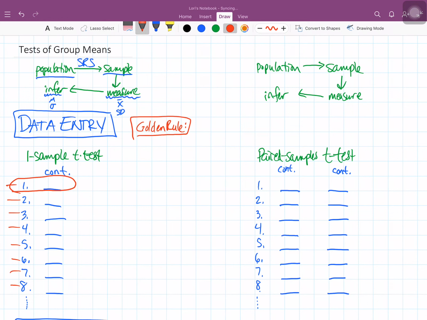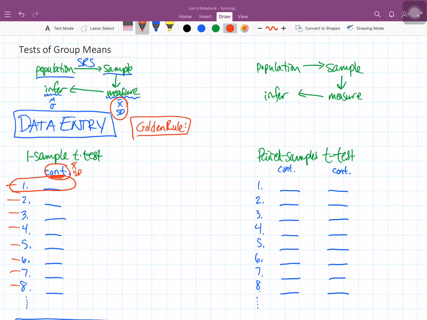Here in the one sample t-test, you can't go too wrong. You just make a column of whatever it was that was measured, this continuous variable right here. Because we have a mean and a standard deviation, that tells us this must be some kind of continuous variable. It can't be categorical.